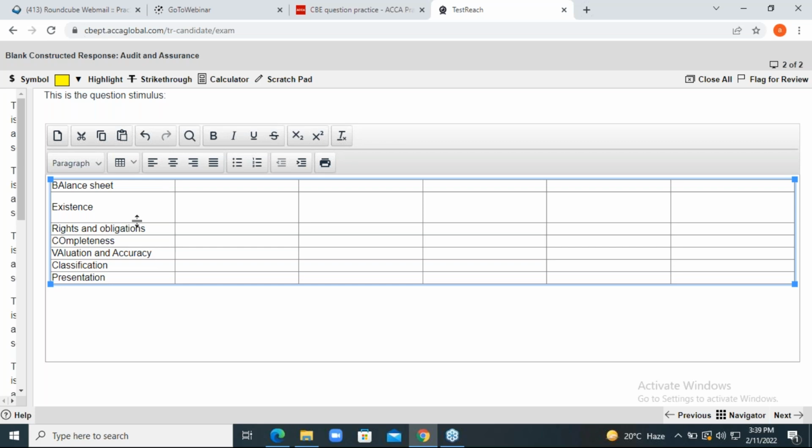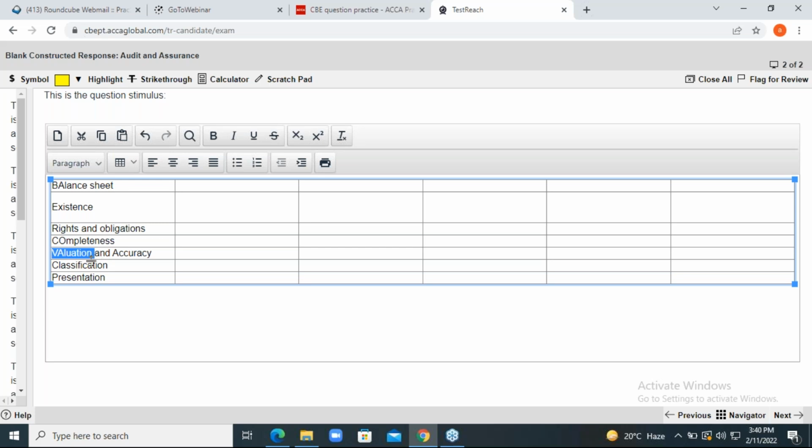If there is a risk of research cost being capitalized, or if there is a risk that development cost has been capitalized without fulfilling the criteria, if this is the risk, then this risk comes from the accounting standard, that is IAS 38. And under IAS 38, any research and development cost must be valued according to IAS 38.